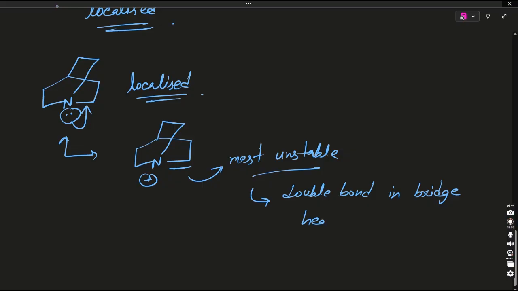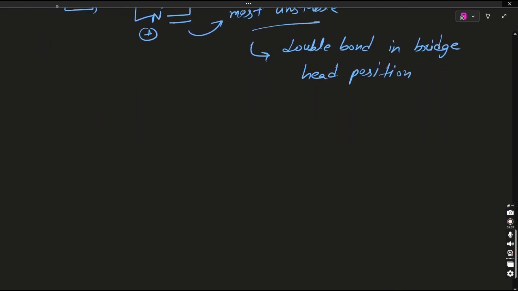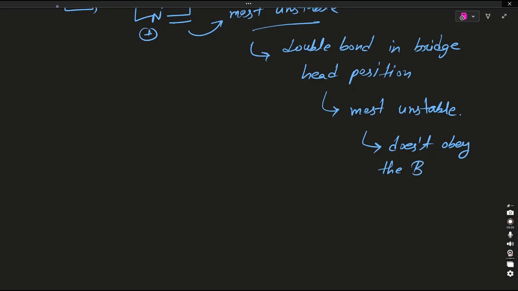It does not obey Bredt's rule. Double bond in the bridgehead position, or cation or any charge in the bridgehead position, is very unstable according to Bredt's rule.